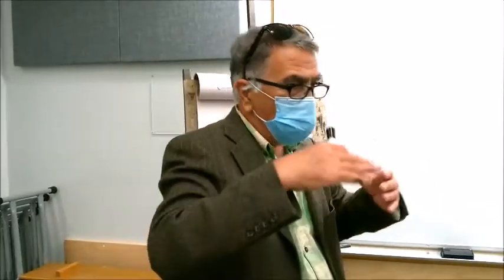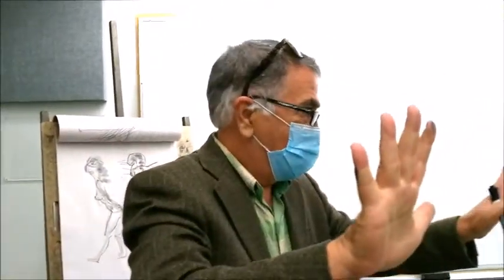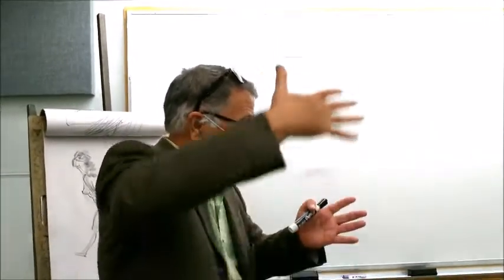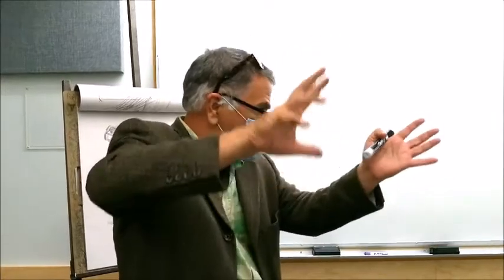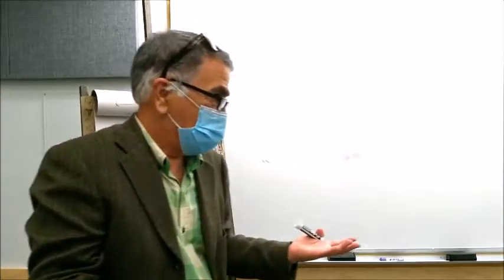These are all 2D aspects of a drawing. When you are flattening the object that you're drawing on an imaginary surface, and then you start measuring and studying it, that's the 2D aspect.